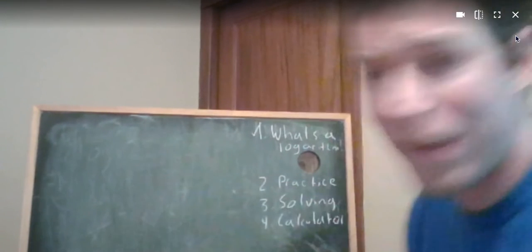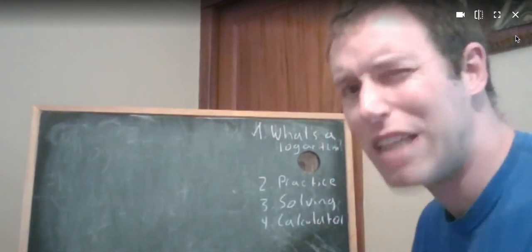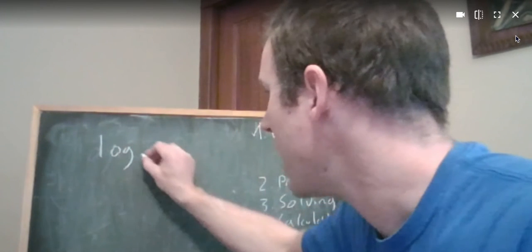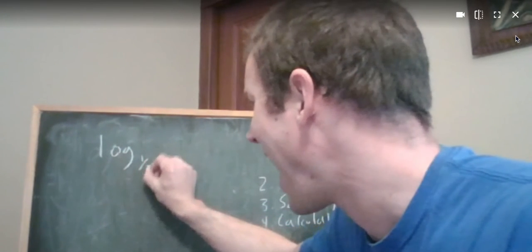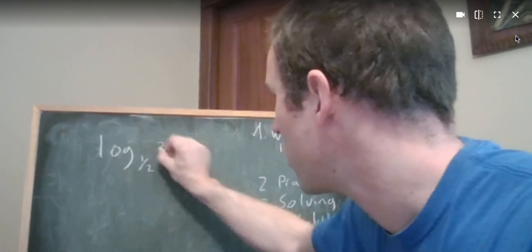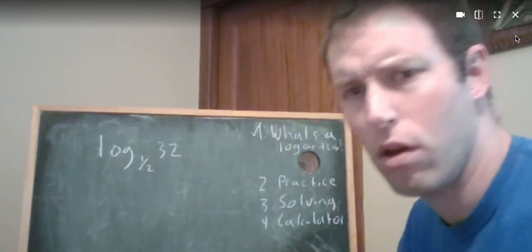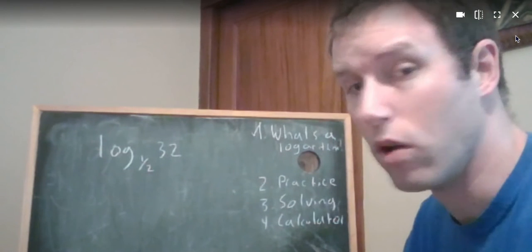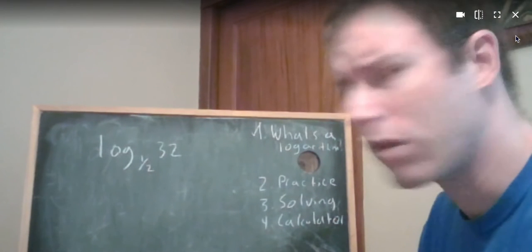Sometimes you might get one that's a little bit more complicated that you have to kind of untangle to think about. Let's say I had the log base 1/2 of 32. 1/2 to what power is 32? So in that case, I might actually reverse this process a bit.